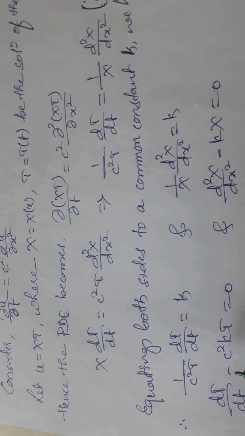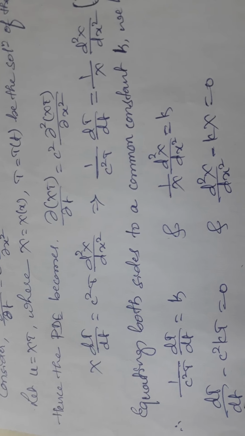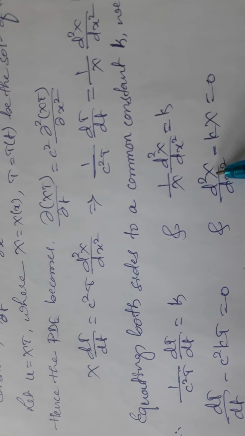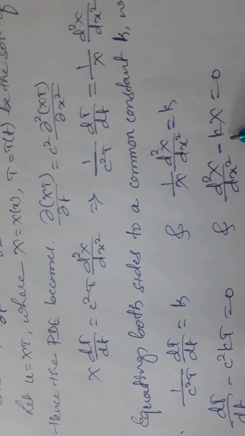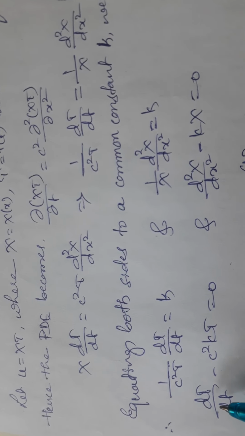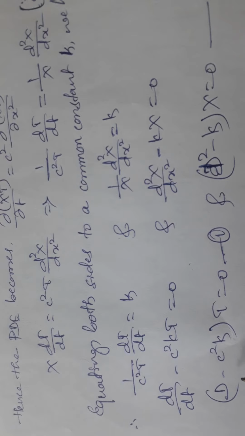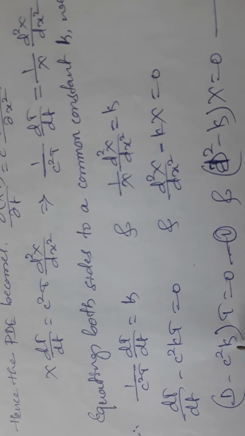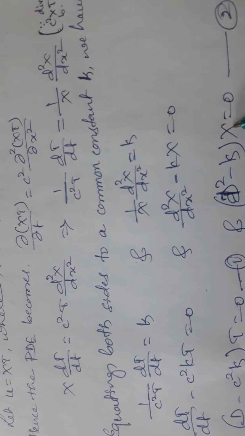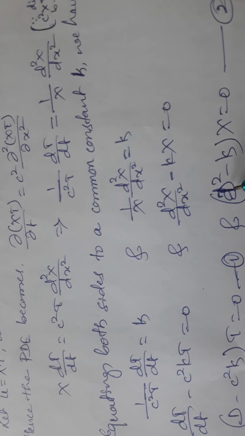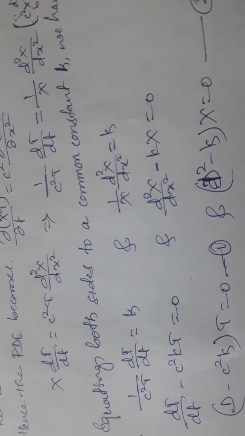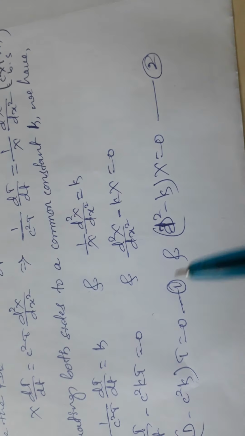Sending to the LHS, we get dT by dt minus c square kt equal to 0, and d2x by dx square minus kx equal to 0. Here t is common, take the differential operator d by dt as capital D, therefore D minus c square k into t equal to 0, call this equation number 1. Now here x is common and d by dx is the differential operator D, therefore D square minus k into x equal to 0, call this equation number 2.